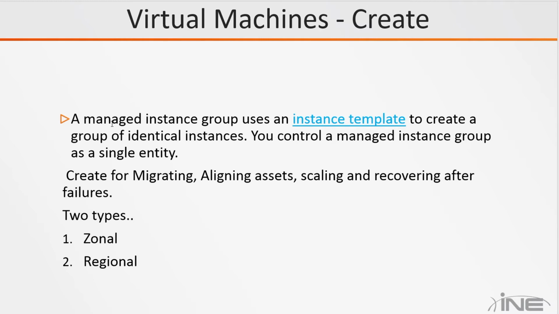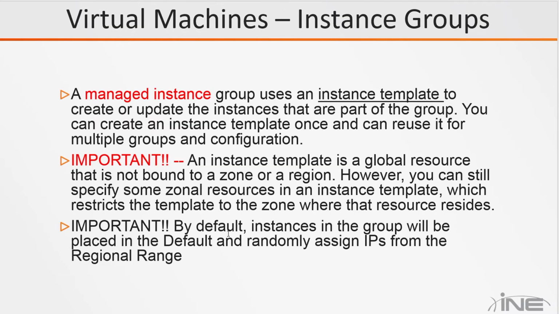But managed groups also has 2 different types. One is a zonal, one is regional. So a managed instance group is essentially a template that you're going to use to create or update the instances that are part of that group. So if you make a change, that configuration is propagated through that whole group.